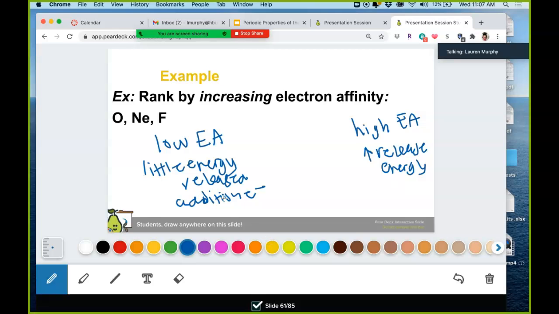Okay? So who's the lowest? That's going to be neon. Neon has a positive electron affinity, meaning you have to force neon to try to take in an electron. And then oxygen will release a lot more than neon, which means it must gain an electron easier. And then fluorine is the highest of the three.